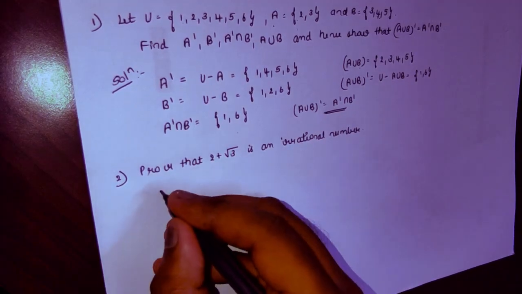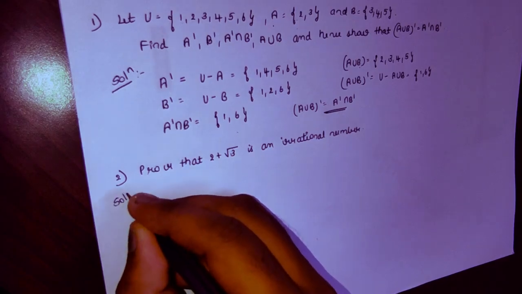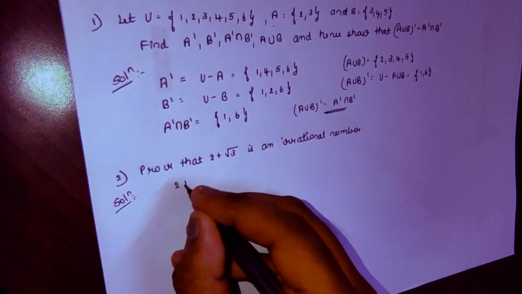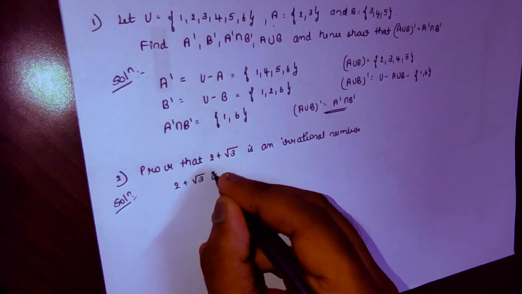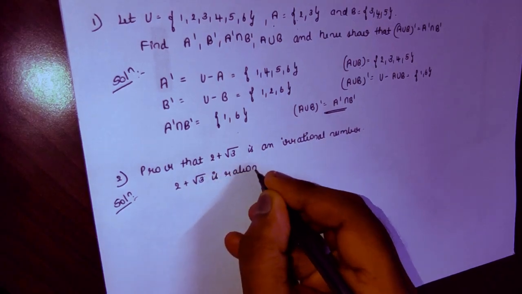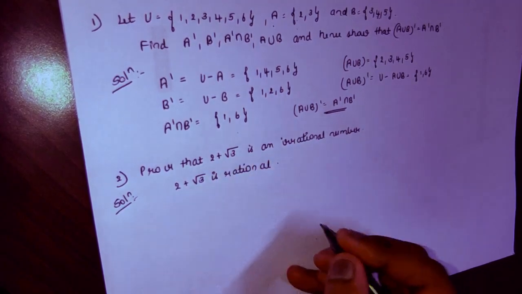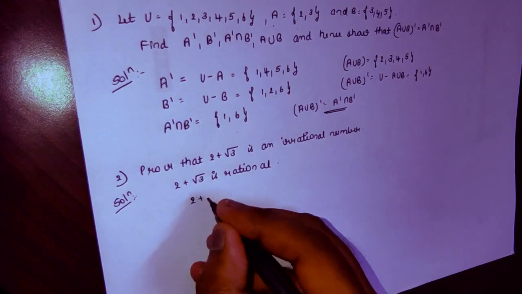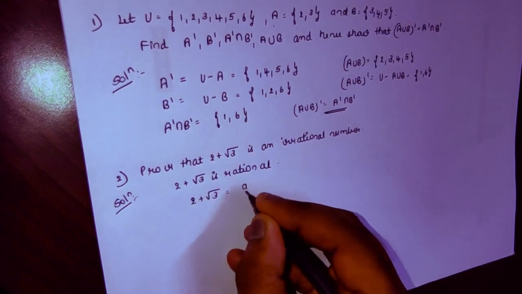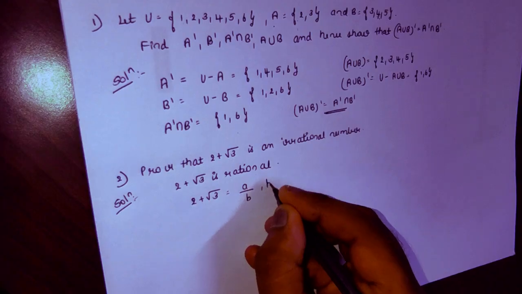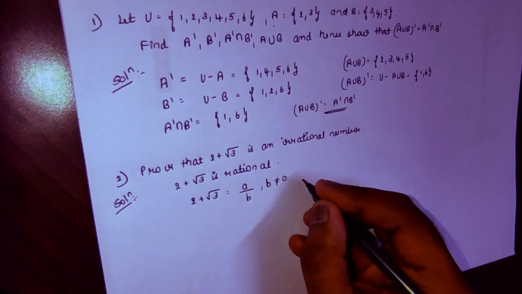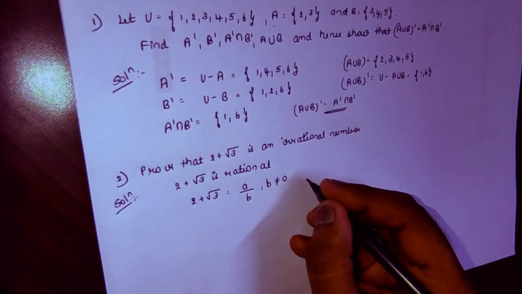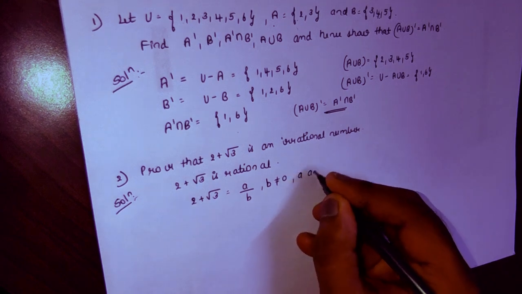First we will assume that 2 plus root 3 is rational. If 2 plus root 3 is rational, then 2 plus root 3 is equal to a by b, where b is not equal to 0 and a and b are integers.